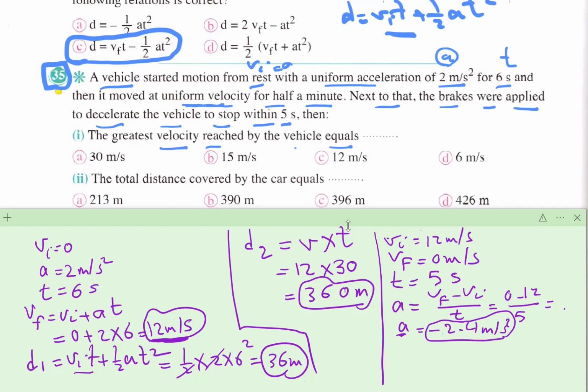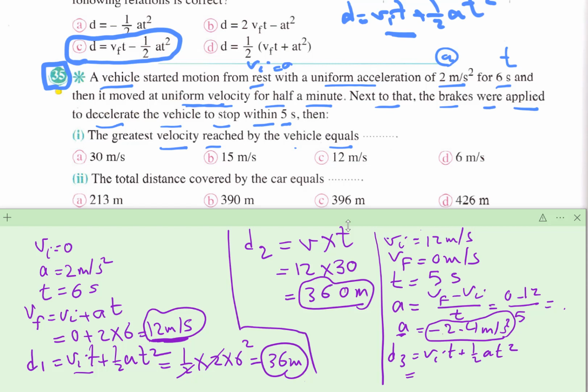We got the acceleration, so let's calculate the distance. We call it d3 because we have d1 and d2 before, and we need the total distance. So we calculate the distance V initial t plus half a t square.